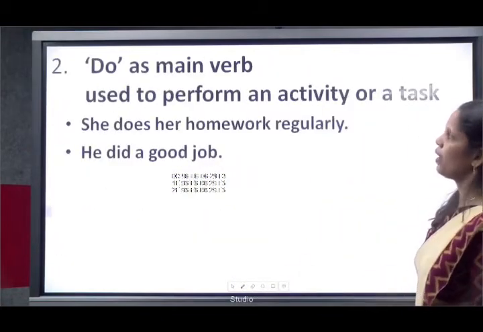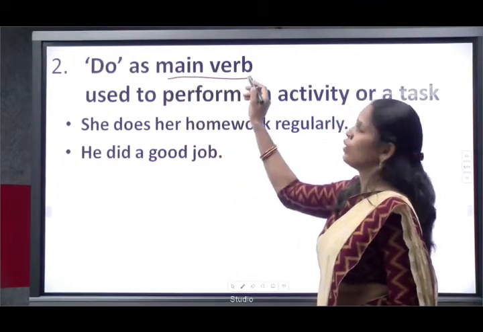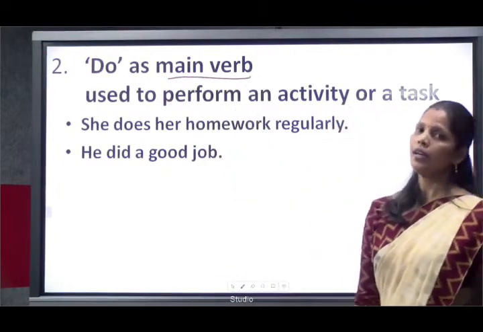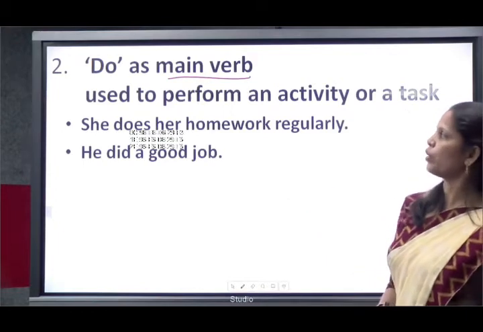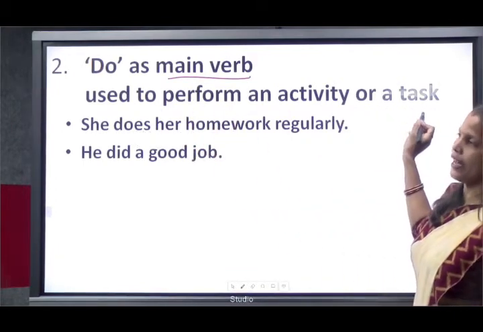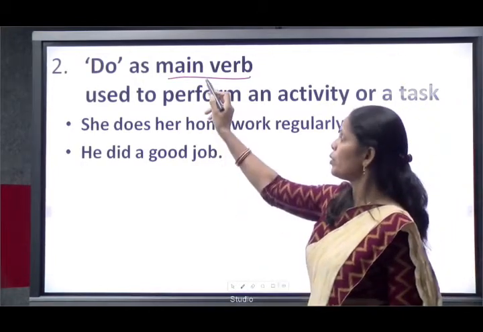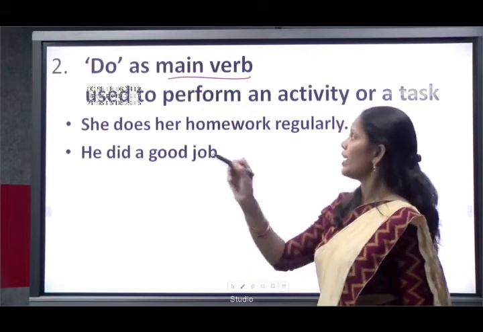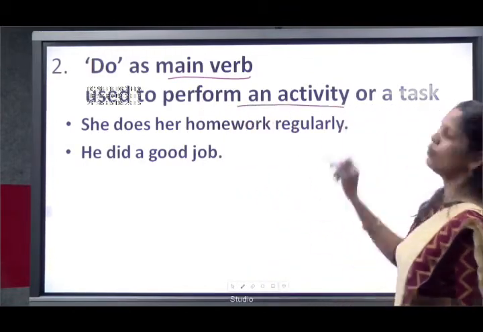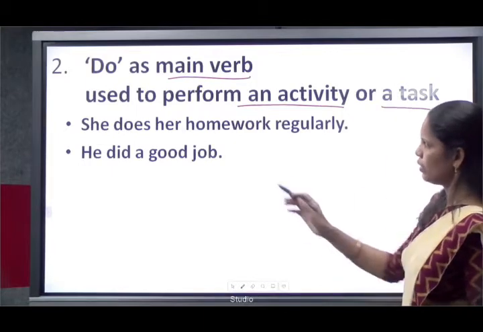Then how can we use the do verb as a main verb? When the do verb is used as a main verb, it is used to perform an activity or a task. So when the do verb is used as a main verb, the subject has to perform an activity or a task.